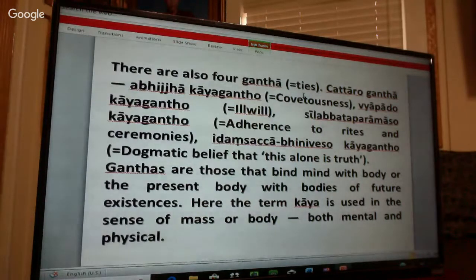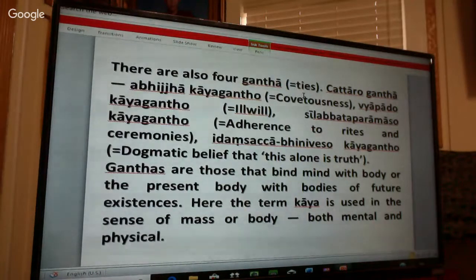He is very strongly attached to that kind of practice, but that practice is not beneficial to attain Nibbāna, to destroy mental defilement. So this is Silabbata Paramaso Kaya Ganto, we say.